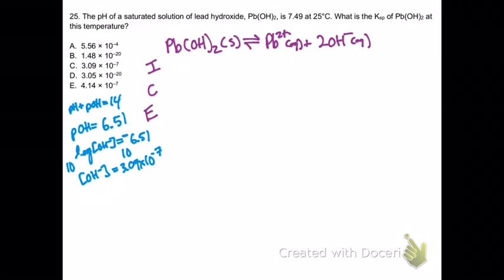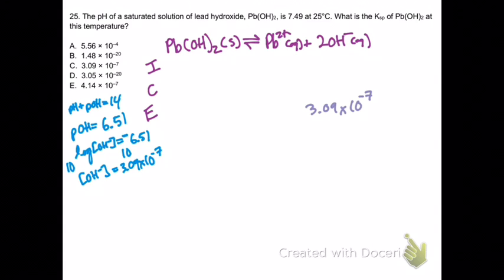So we can actually fill this in our ICE table. We're going to plug it into our equilibrium value of hydroxide, because we're told the solution is saturated, and saturated means equilibrium. So this is going to be the concentration of hydroxide at equilibrium.